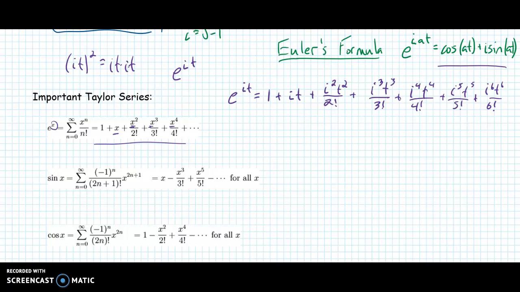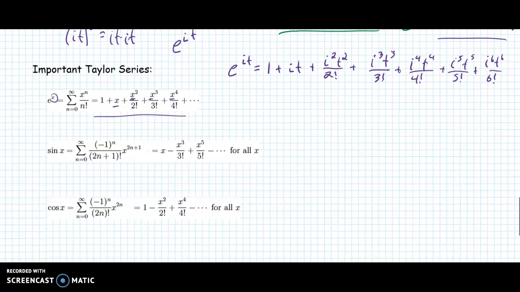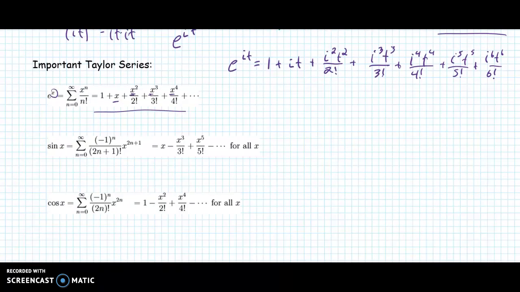Now, before I go any further, what I want you to see, and I tried to point it out to you when we did Taylor series in BC, is that the sine expansion here and the cosine expansion here, this is all the odds, this is all the evens.